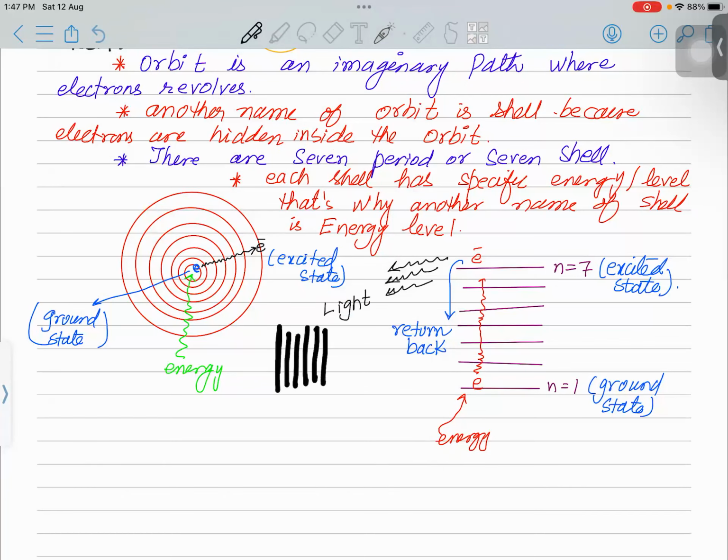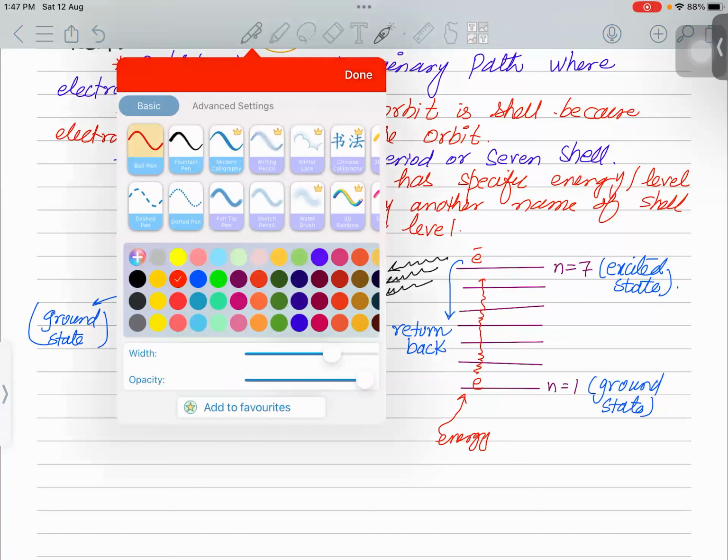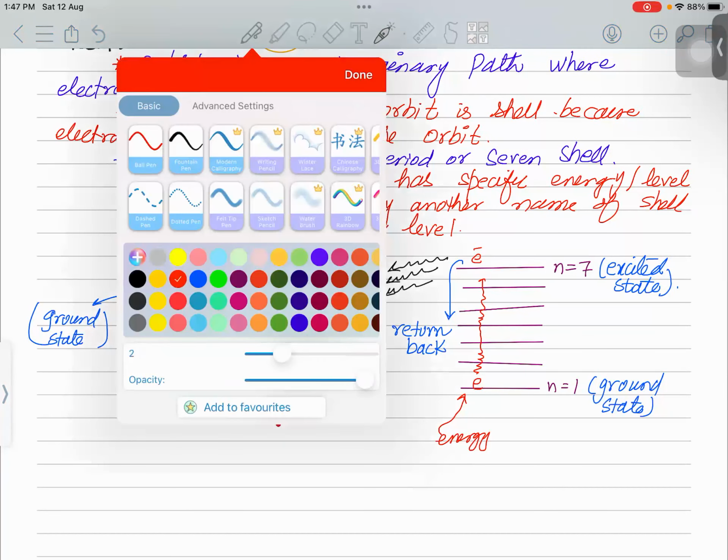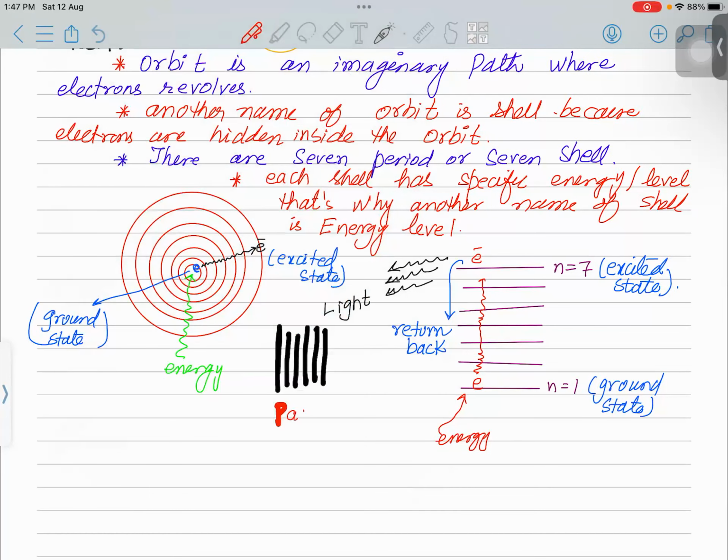This is a packet of light, known as a quantum. That's why another name of shell is principal quantum number.